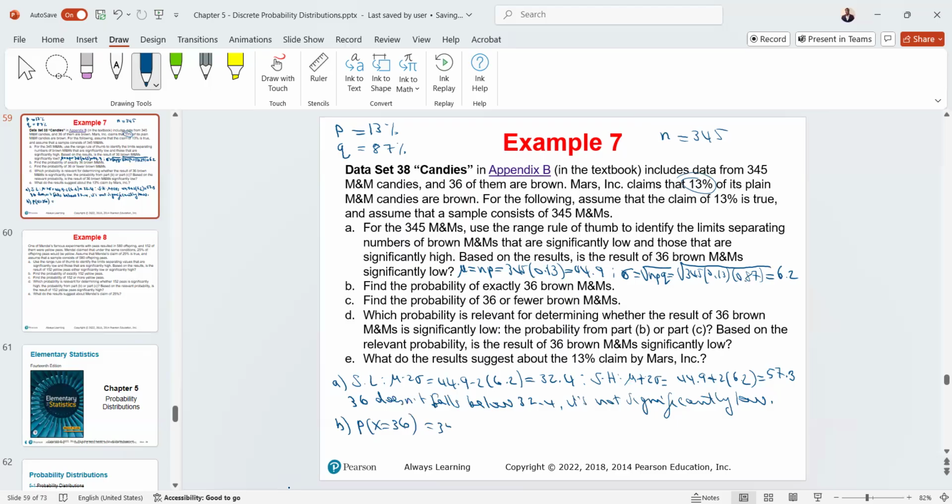That will be 345 for N, C 36, 0.13 to the power 36 times 0.87 to the power 345 minus 36. Expect that you cannot do these without a calculator.